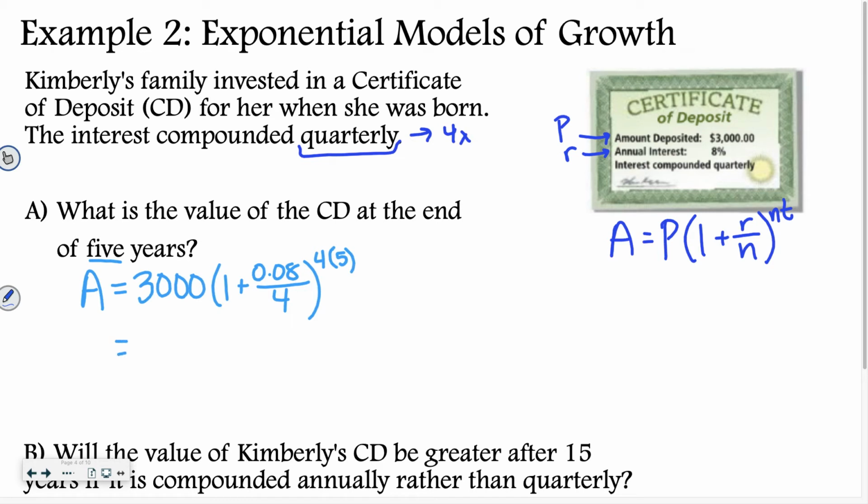Okay, so if I simplify this a little bit, 3,000, and then 0.08 divided by 4 is 0.02. So I'm going to say 1 plus 0.02, that's just 1.02. And then 4 times 5 is the 20th power. So I'm going to type that into my calculator, and when I do that, I am left with $4,457.84.